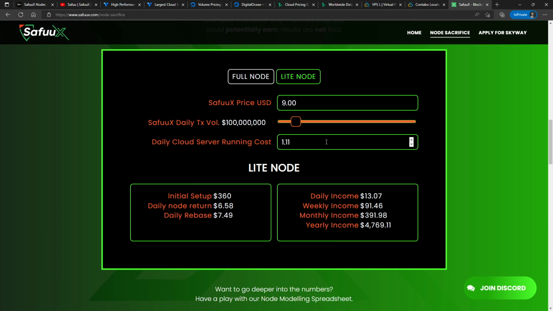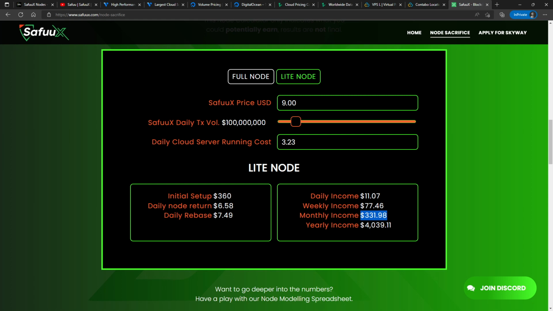So if we add that in there, I'm going to look at monthly income for 1 Lite node. That's going to give you $332, taking into consideration the node payout and the daily rebase and the daily node return, taking out the $3.23 per day for AWS on a 1-year commit.